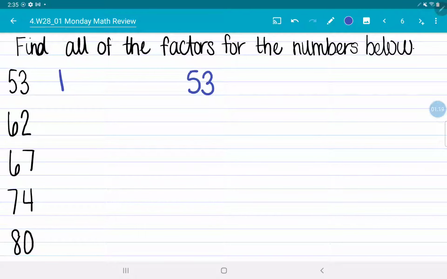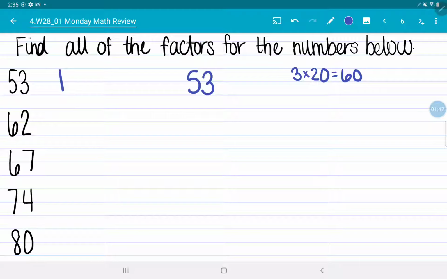How can I test to see if 3 is a factor of 53? Bryce says 3 times 20. What is 3 times 20? 3 times 20 is 60. That's a little bit more than 53.